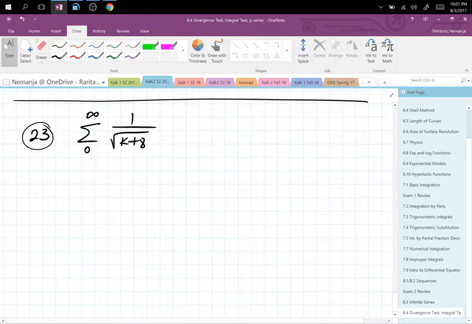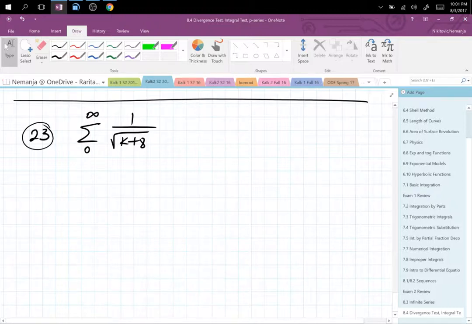So, integral test. How do I know it's the integral test? Well, it has u sub written all over it, right? u is k plus, well, x plus 8, right? And the problem is a joke. But then, don't forget the 3 rules we have to prove in order for that stuff to work out.